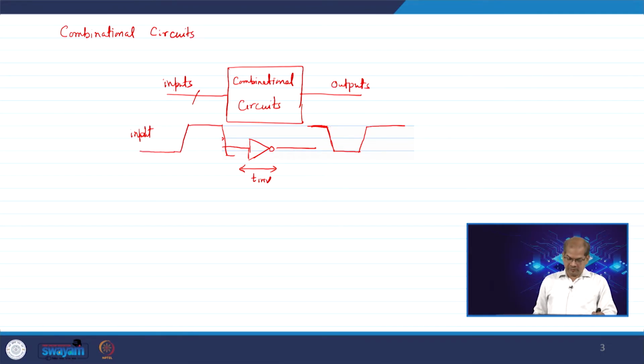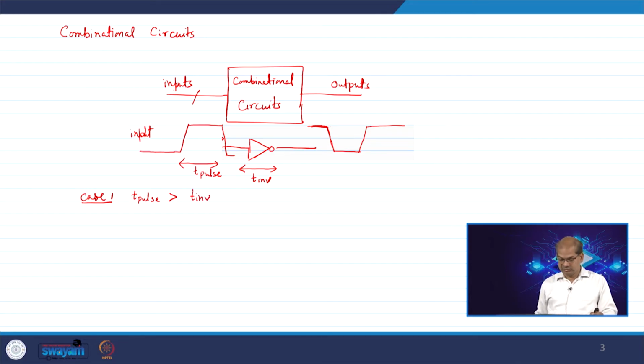The pulse I am applying to the gate should be larger than T inverter, then only it will come out. So, there is case 1. The input signal I am applying has a pulse width, let us say, T pulse. You will get the signal at the output when T pulse is greater than T inverter.